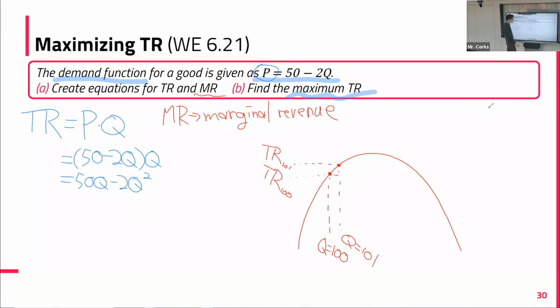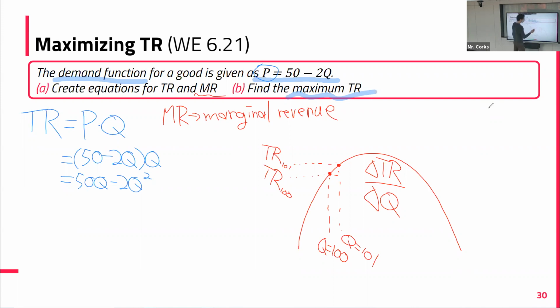If we say that our Q here is the change in Q, then we're asking, what's the change in total revenue? Does that kind of look familiar? Like what? Slope.